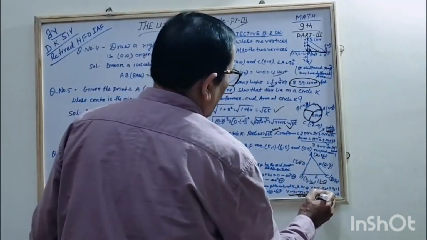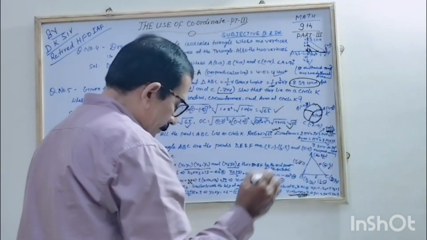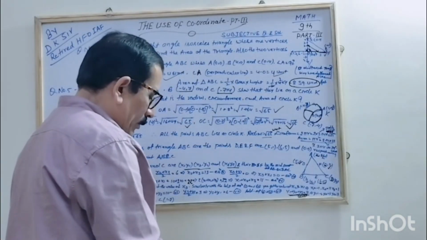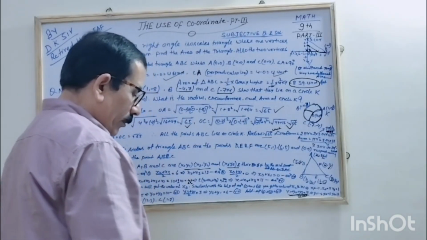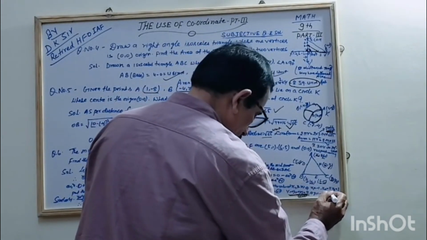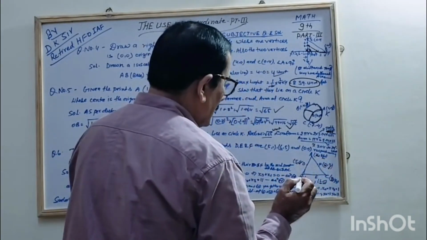The value you can find out: y1 is minus 1, y2 we got is 3 and y3 is equal to 7.